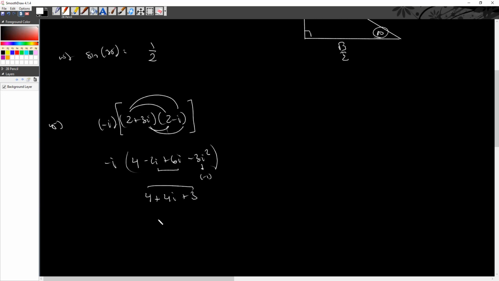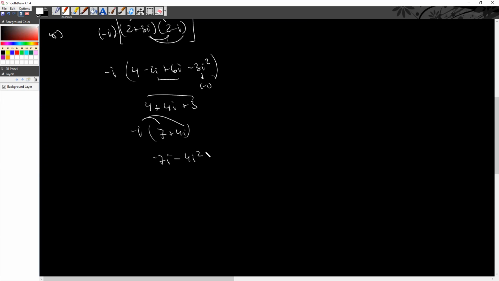So these can now combine to become 7 plus 4i times -i, and then you just distribute in. So you have -7i minus 4i squared, and then i squared is -1. So that becomes -7i plus 4, or 4 minus 7i. Good enough? Nicole? Sure.